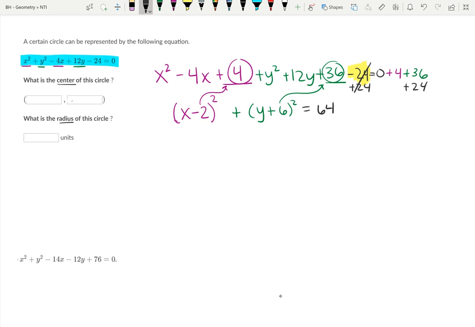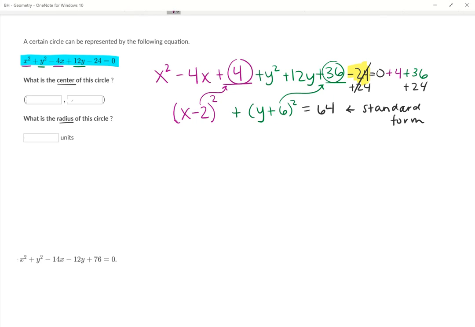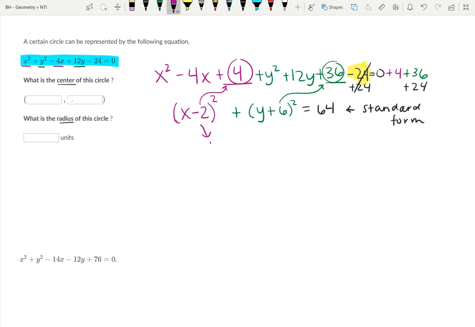So now we have the standard form of the equation. So we can easily identify the radius and the center. So remember these two, this gives you your h, this gives you your k. You just have to change the signs.